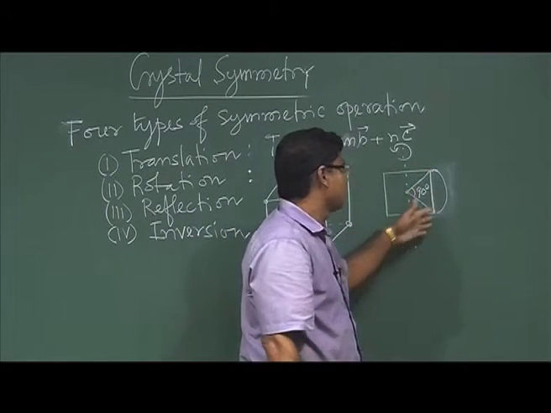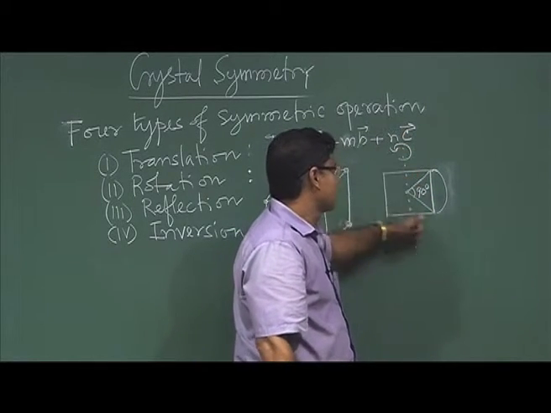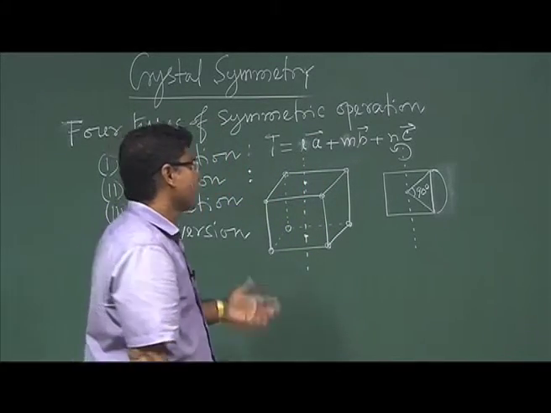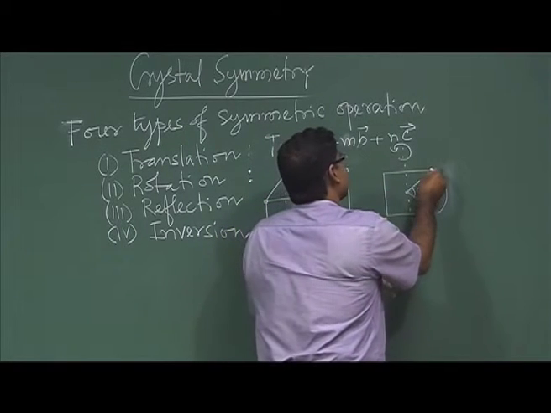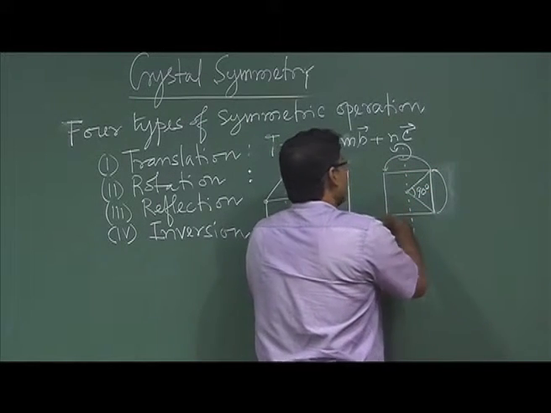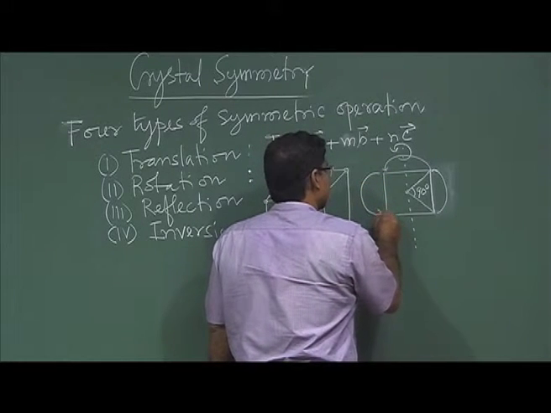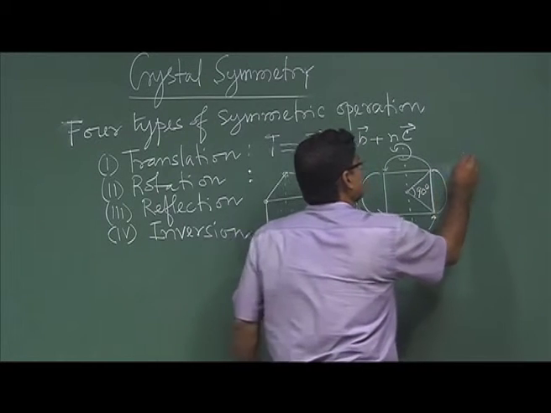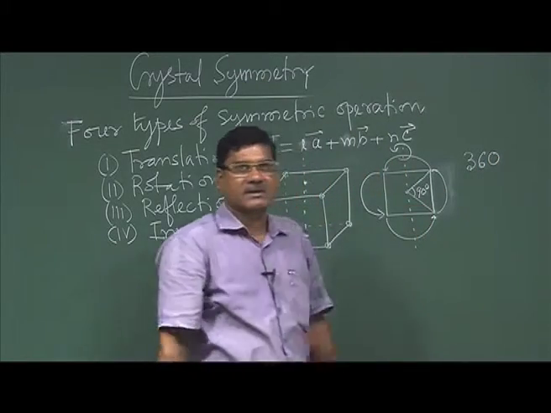So, after 90 degree rotation with respect to this axis, you will have the same configuration, and one cannot distinguish. Similarly, after another 90 degrees it will again come to the same configuration, and then another 90 degrees, then another 90 degrees. So, 360 degrees, a complete rotation.